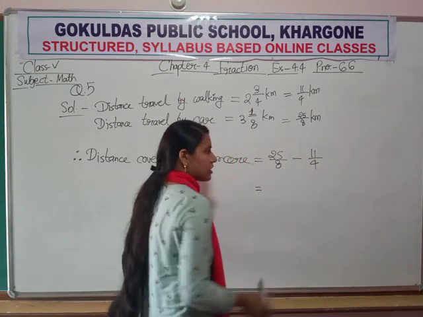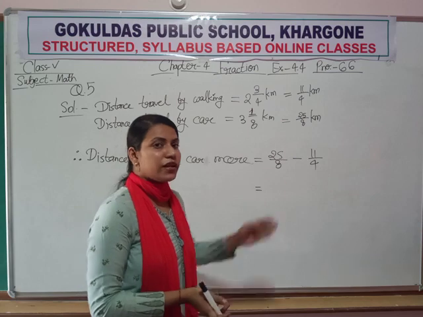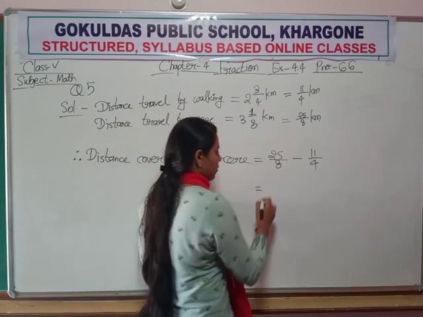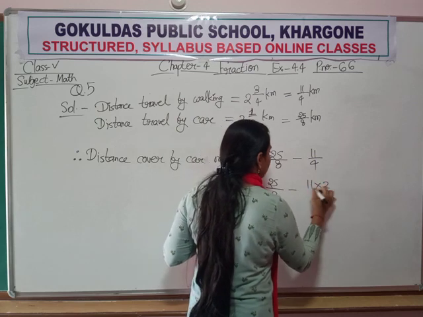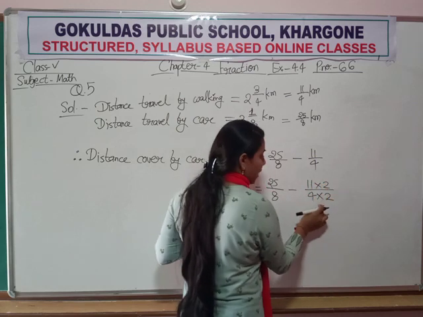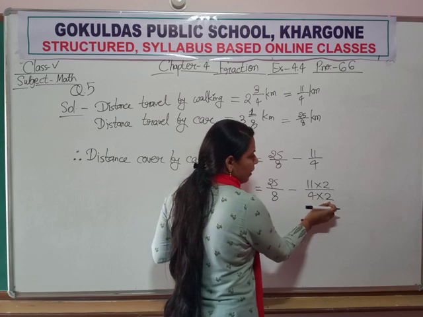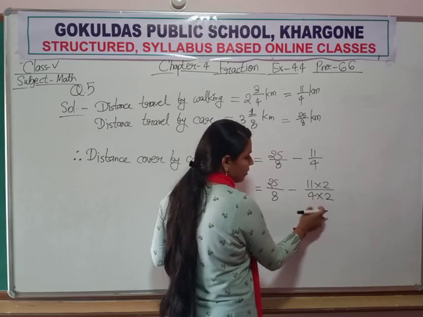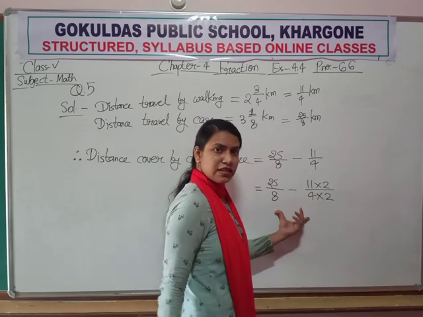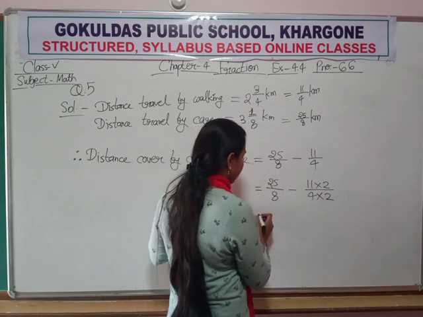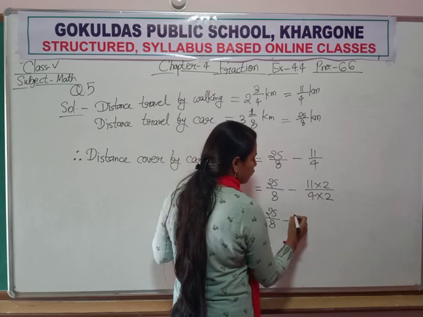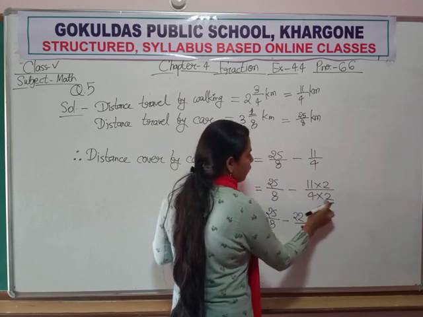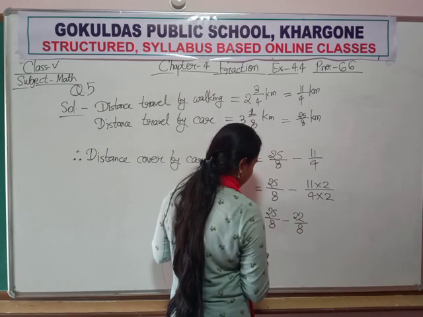Now see, both the fractions are unlike fractions, so first of all convert them into like fractions. 25 upon 8 minus 11 into 2 upon 4 into 2. Why do I multiply with 2? If I multiply 4 with 2, my answer will be 8. Then my denominators will be the same. That is why I am multiplying with 2. Now 25 upon 8 minus 11 into 2 is 22 upon 4 into 2 is 8.